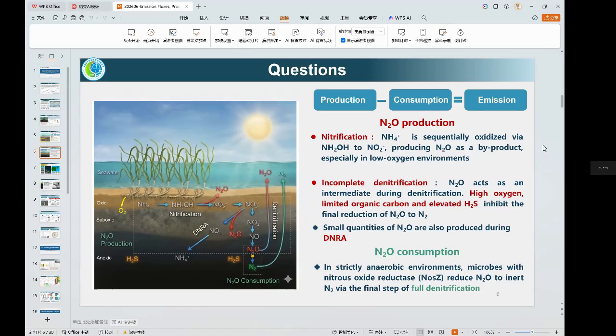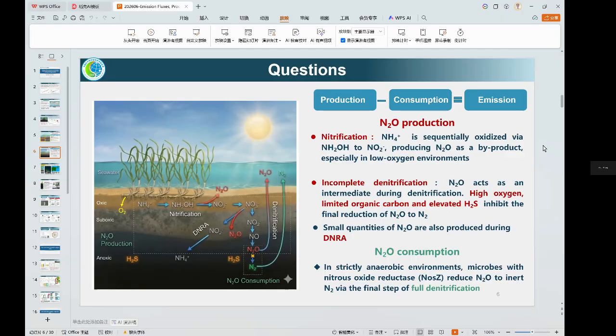N2O is usually generated from nitrification and incomplete denitrification. During nitrification, ammonia is stepwise oxidized to nitrite, producing N2O as a byproduct, especially in low oxygen environments.